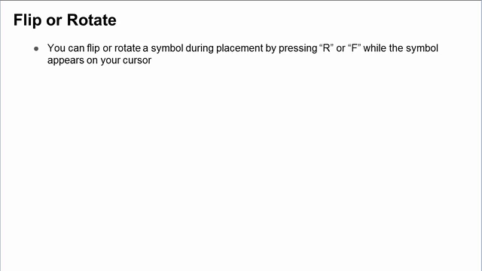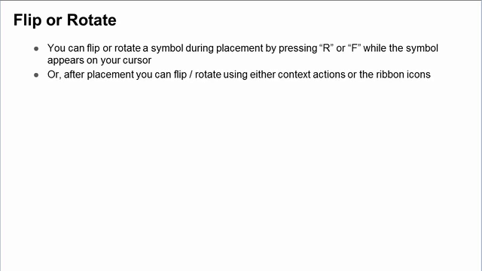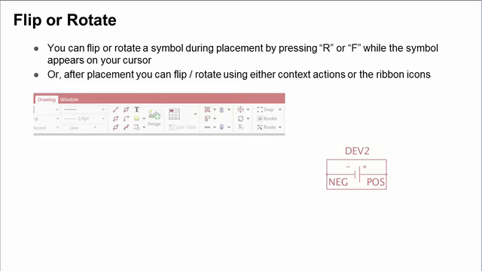To flip or rotate a symbol, you can do it in one of two ways. You can either rotate or flip it during placement by pressing the R or the F key while the symbol is attached to your cursor, or once it is placed, you can then flip or rotate it using either the context actions or the ribbon icons.